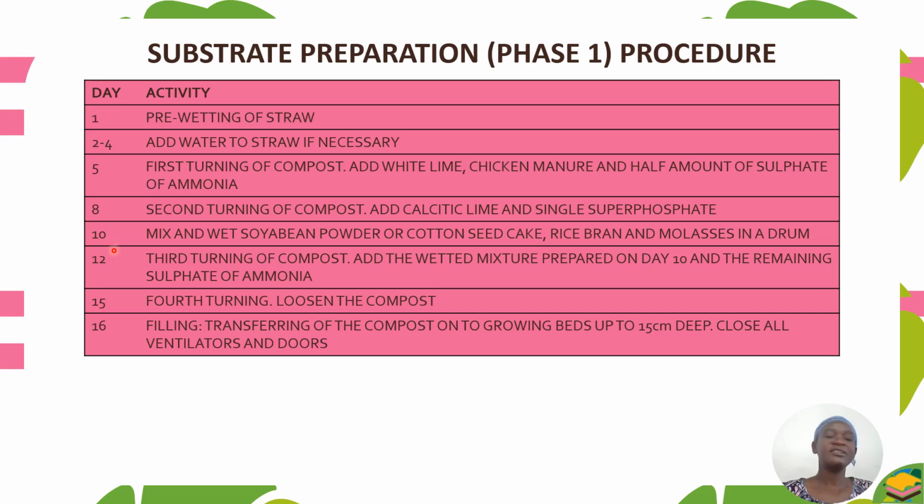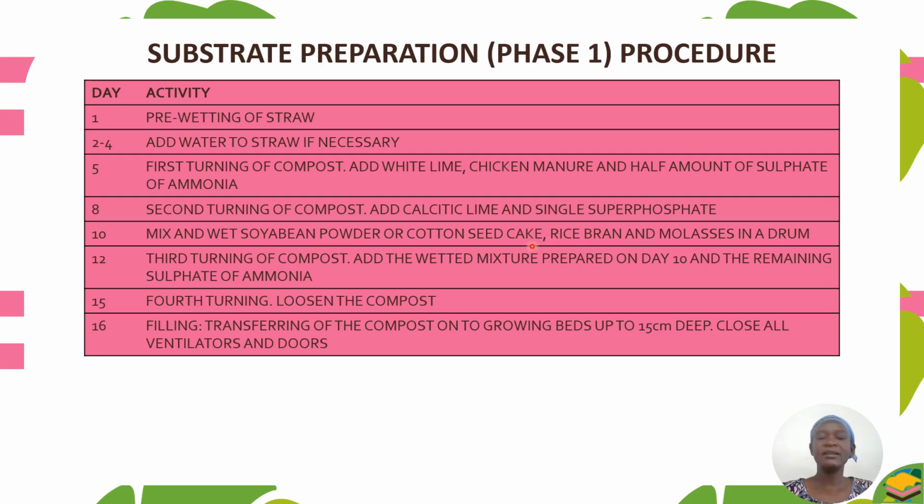Then comes day 10. On day 10, you mix and wet soybean powder or cotton seed cake, rice bran, and molasses in a drum. So you put these substrates separately in a drum. Instead of soybean powder, you can use cotton seed cake.